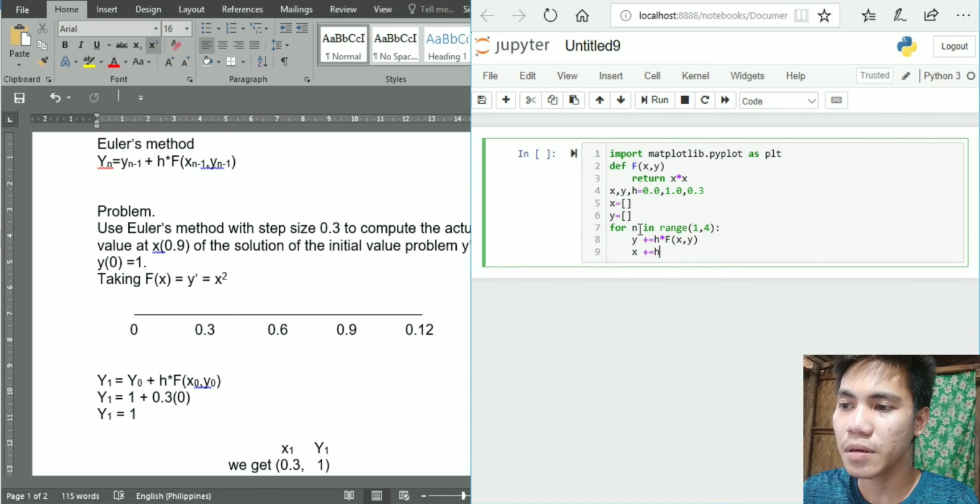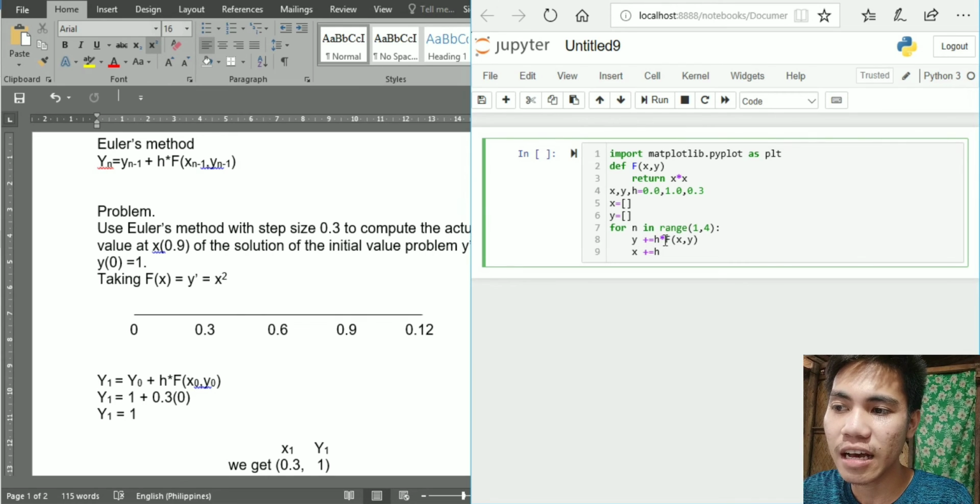So we put y plus equals height times function of x and y. We write it this way because the value of height times the function will also be added to the value of y. The same thing goes here.